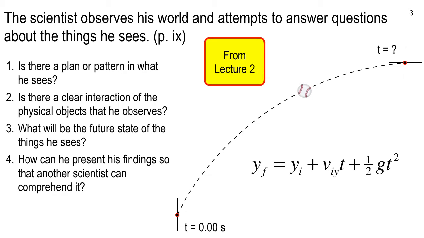Anyway, so this equation here, y subscript f equals y subscript i plus v_iy times t. v_iy, just to recall and reinforce, is the initial y component of the velocity, whatever velocity happens to be.